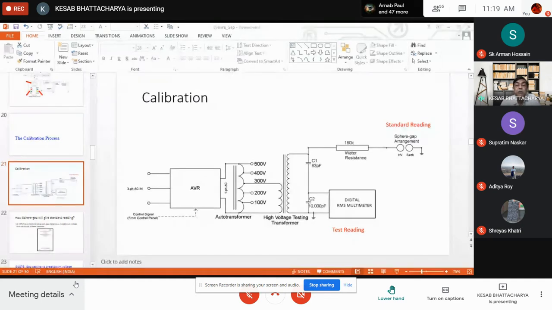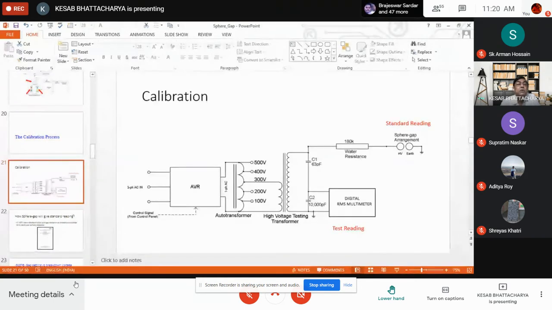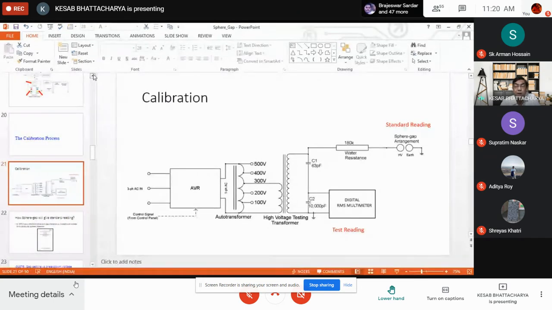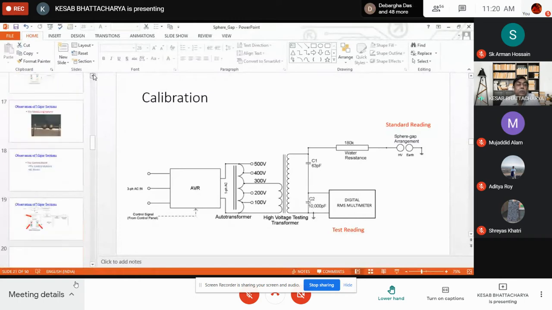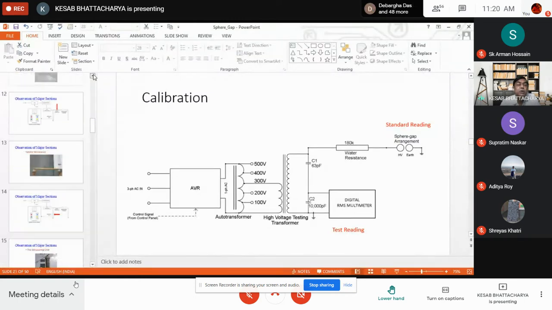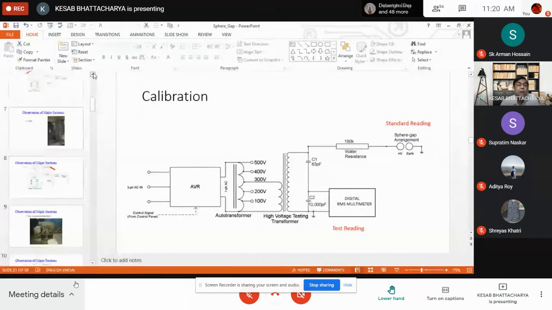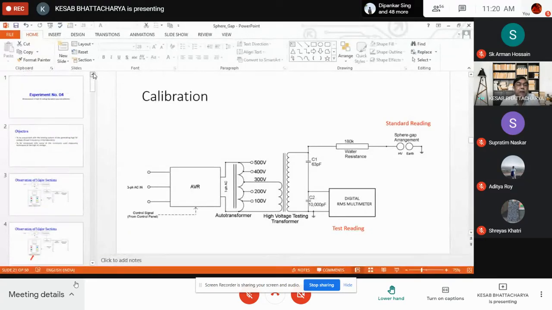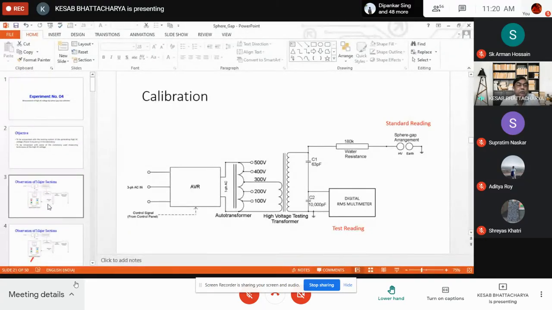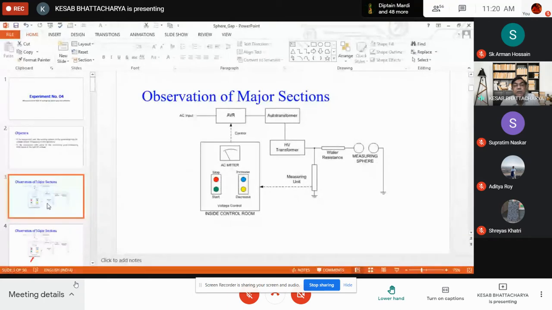Now, again, clearly have a look at how these equipments look in practice. Very quickly we shall move through different slides which will show you the different components as they are arranged in our laboratory. These are the major sections we have seen just now in the circuit diagram.